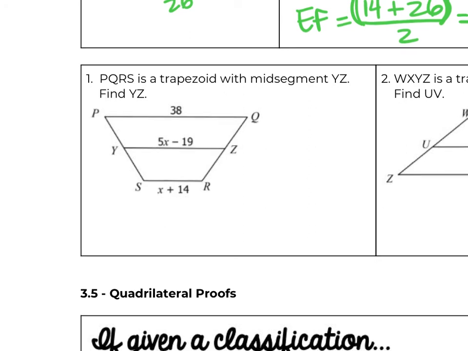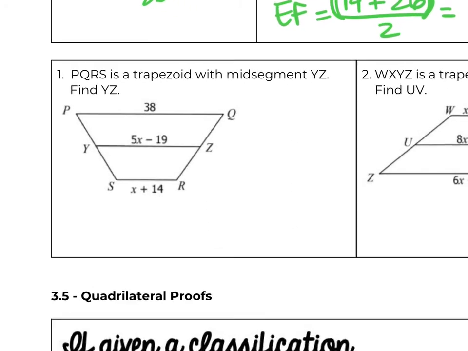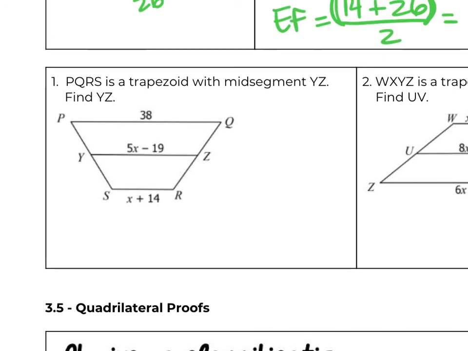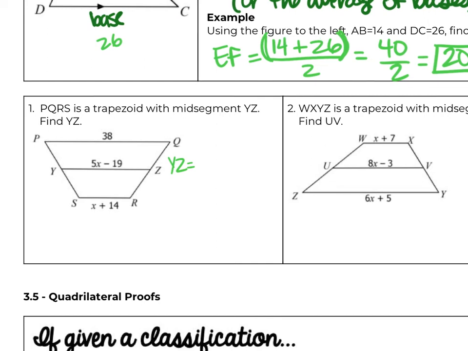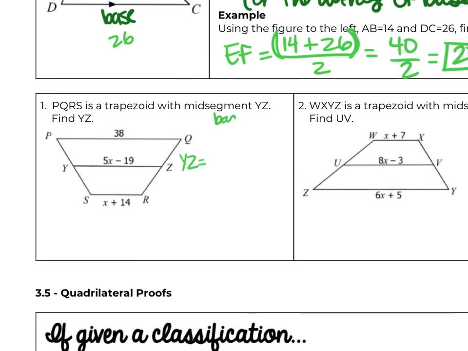Okay, so we just had 2 problems that go with mid-segments here. So PQRS is a trapezoid with mid-segment YZ. Find YZ. Alright, so I'm going to use that little formula that we did. So base plus base divided by 2.